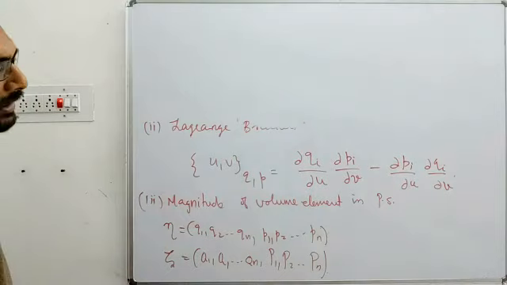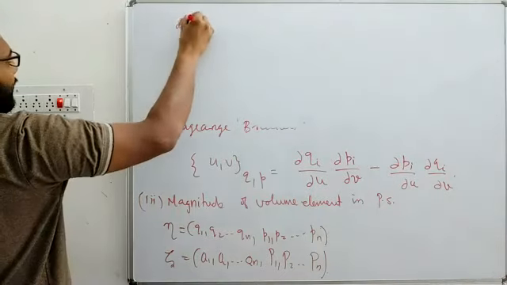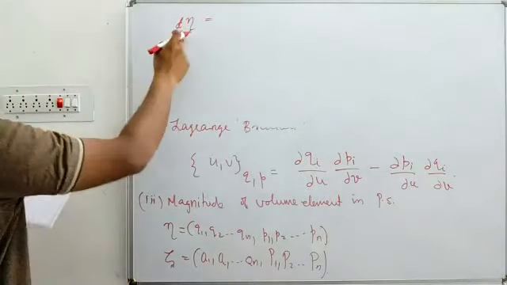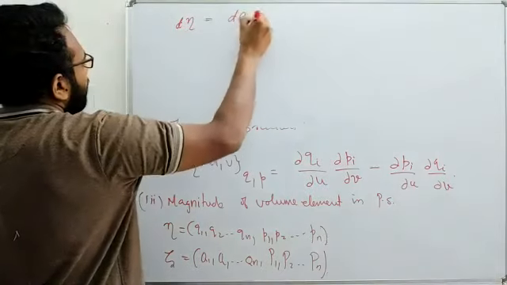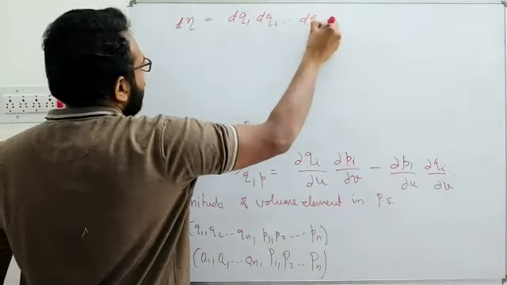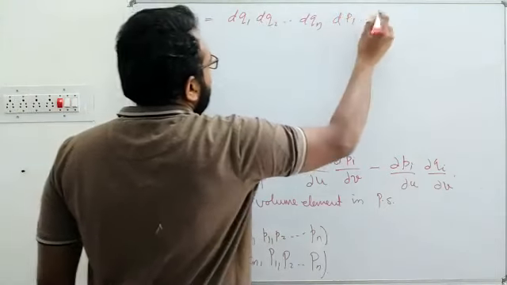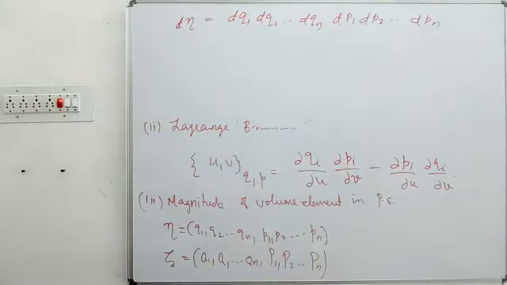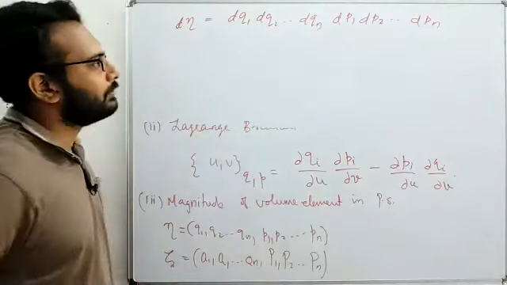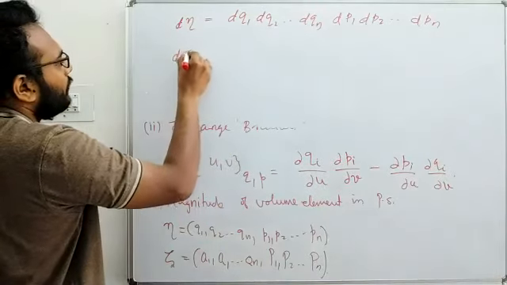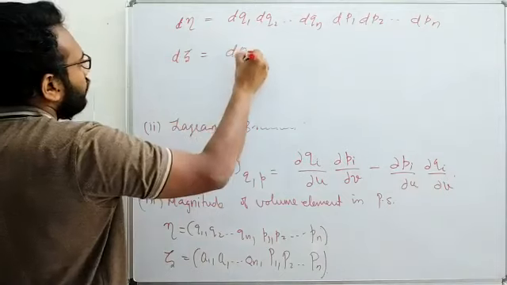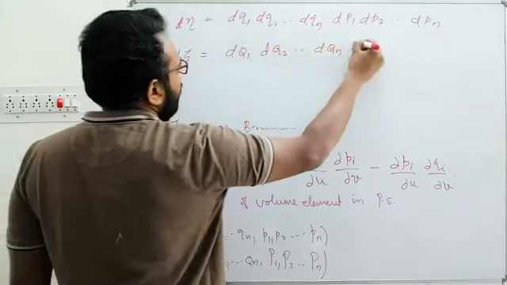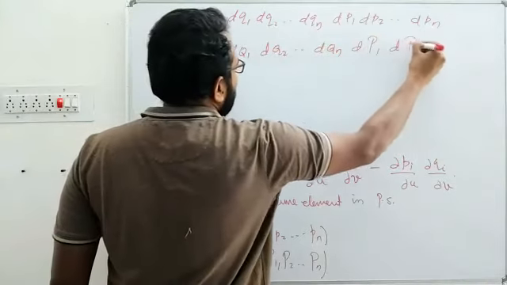Now the magnitude of the volume element remains the same, means that d eta is equal to, this is the volume element, right? d eta is simply dq1, dq2, dqn, and then dp1, dp2, dpn. This is what we mean by d eta. All right, this is the volume element in the old phase space coordinates, and in the new phase space coordinates, this is equal to d zeta, which is dQ1, dQ2 up to dQn, dP1, dP2.